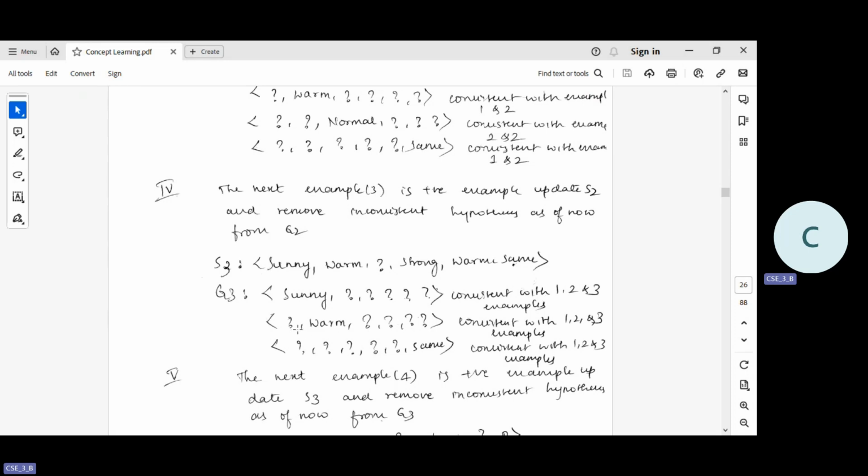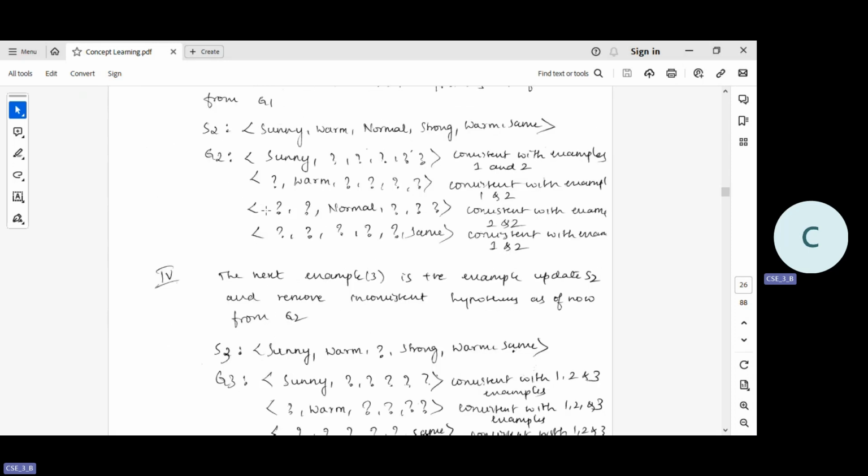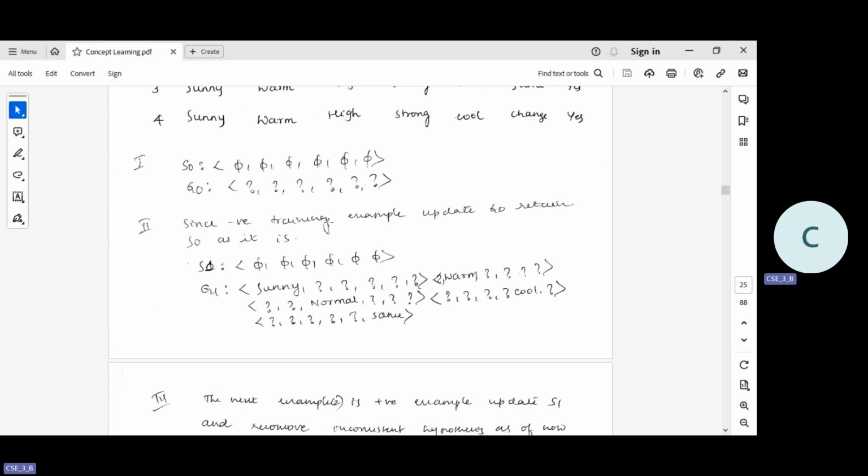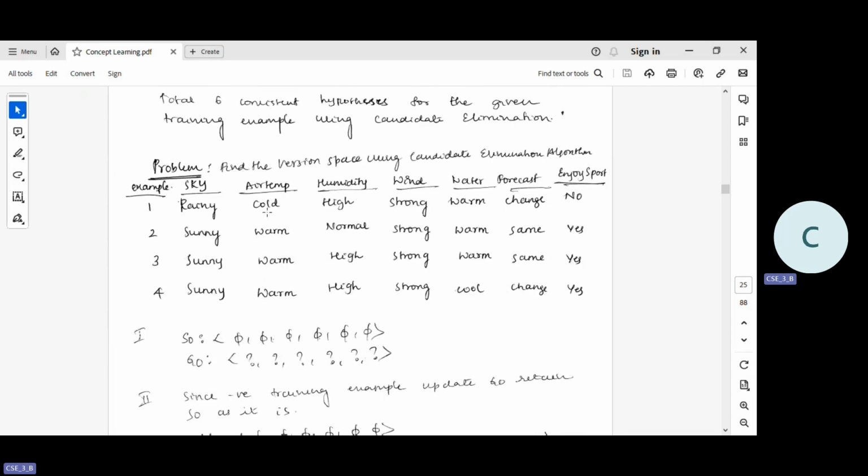So next we take another hypothesis from the generic boundary, that is question mark, warm and all question marks. So we are comparing now the opposite of cold, that is the warm. So here there is a mismatch and the outcome is negative. So there is a consistency here with the first example, that is the negative example.